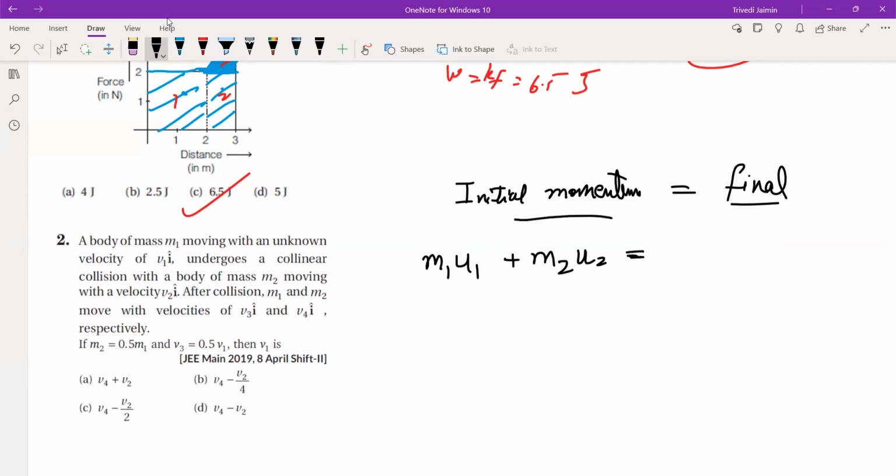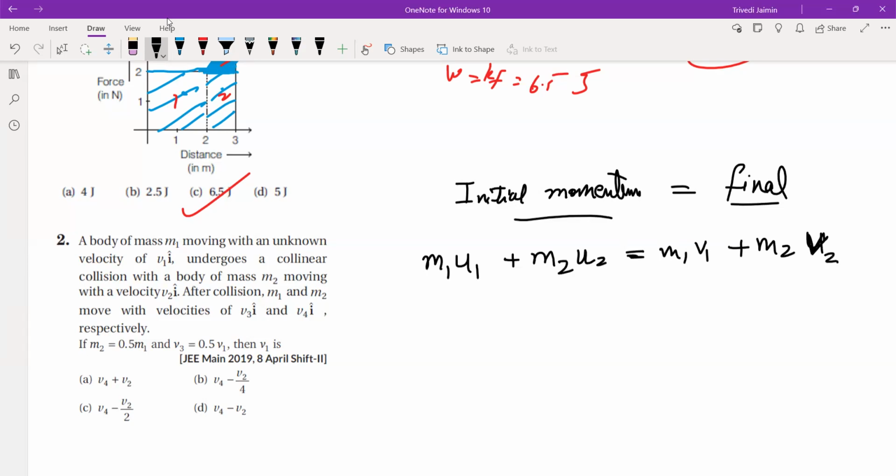After colliding, mass of the first particle into velocity after collision, that is V1, plus mass of the second particle after collision, that is V2. Right.